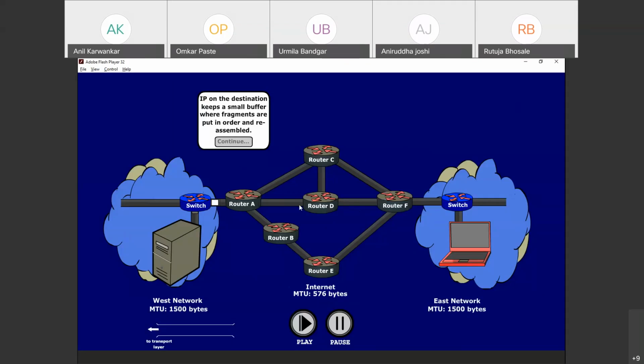Weightage can define the shortest path for the packet to travel from source to destination, and that's how routers maintain this particular shortest path.